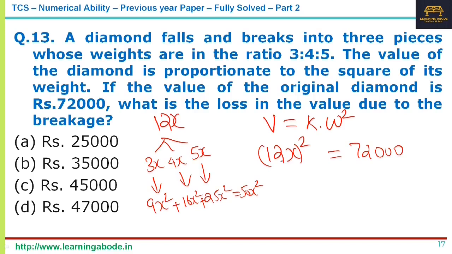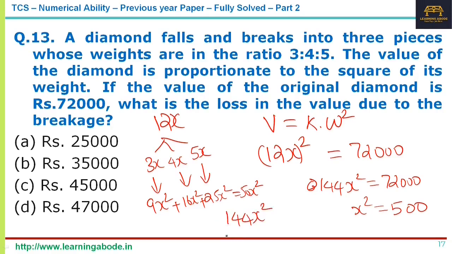Okay, so if 12x square is 72,000, that is 144x square is 72,000. We get x square is equal to 500. Now what we want is the loss. If the original value is 144x square, what we have left is 50x square.